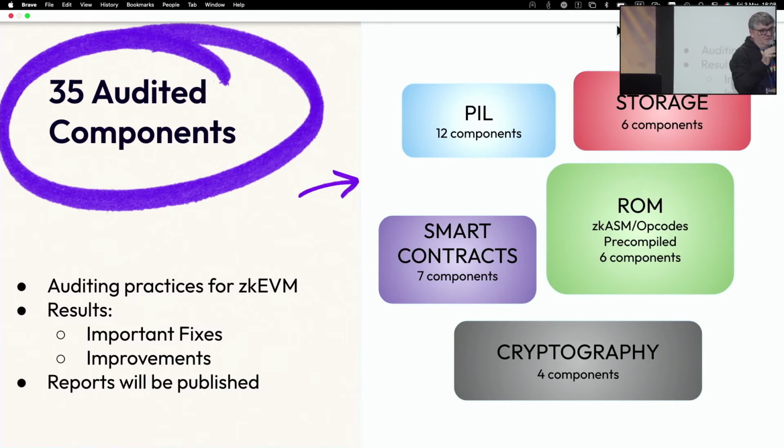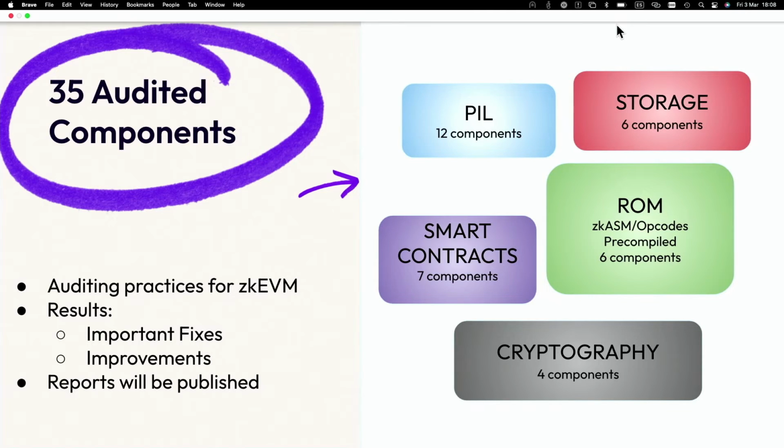We have the ROM, the program that runs on top of the processor that needs to be audited and checked. Of course, we have the smart contracts of the rollup that need to be audited and checked too. And we have all the cryptography side, where we use STARKs and, in the last stage, Fflonk. All this process needs to be audited and checked to be the right way.